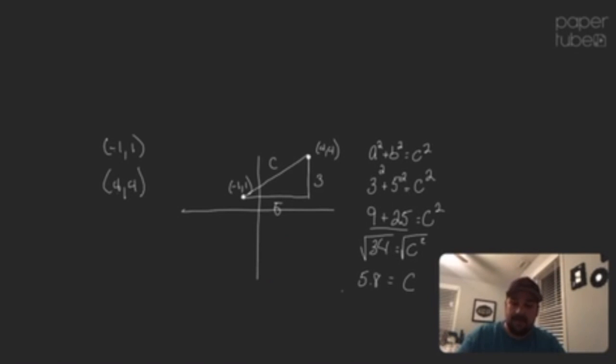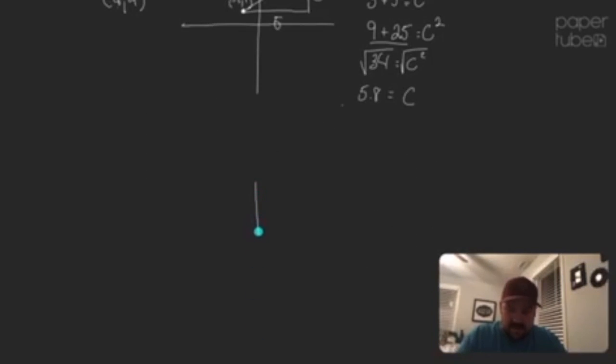The second type of problem, and I kind of want to move down a little bit further on my paper, is sometimes they like to give us a triangle, and they'll put the triangle in a space, and they'll say, like, I have this triangle, and they'll tell me that this point is (1, 1).